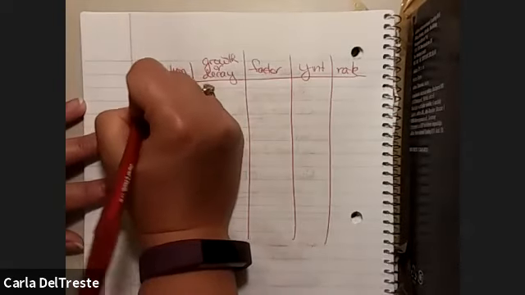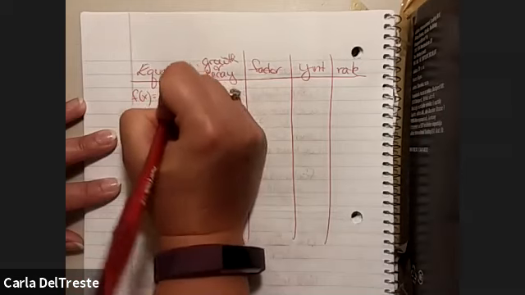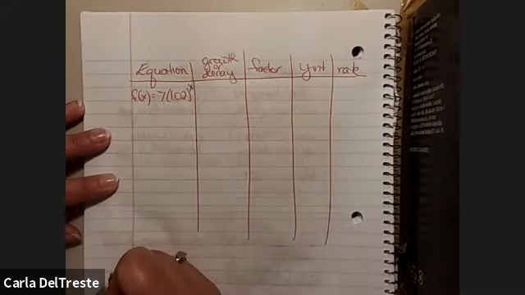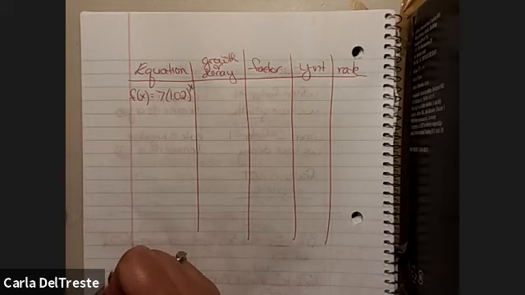Let's see how good we are. f of x equals 7 times 1.02 to the x. Okay, you can even pause the video here and see if you can do it on your own, before you see the answers.